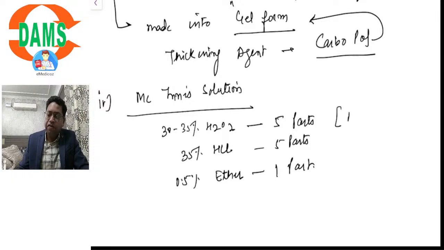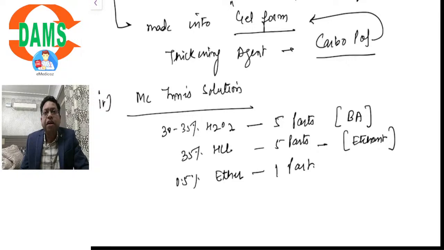Hydrogen peroxide, definitely we know, is the bleaching agent. Hydrochloric acid is the etchant. It causes microporosities on the surface for better penetration of the bleaching agent like hydrogen peroxide.